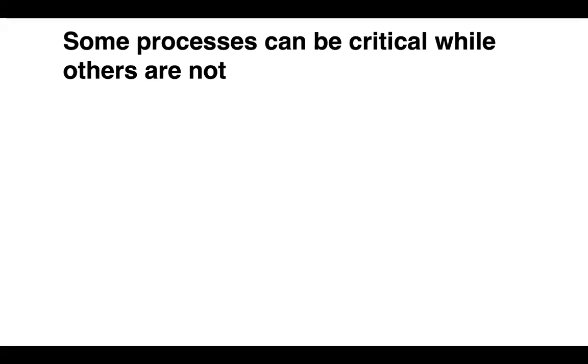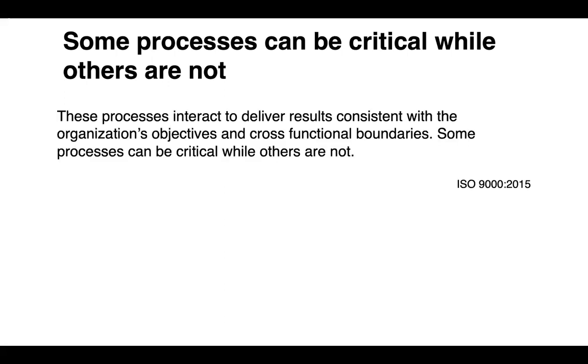So let's go back again to ISO 9000:2015, clause 2.1.2.3, where we can read: these processes interact to deliver results consistent with the organization's objectives and cross functional boundaries.